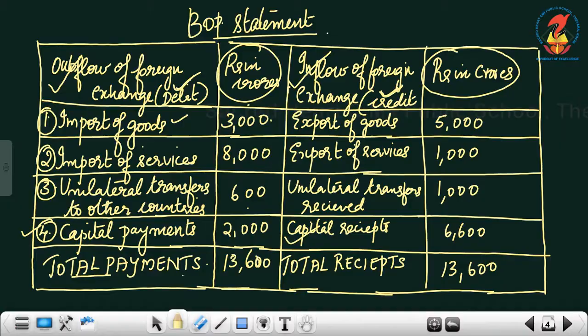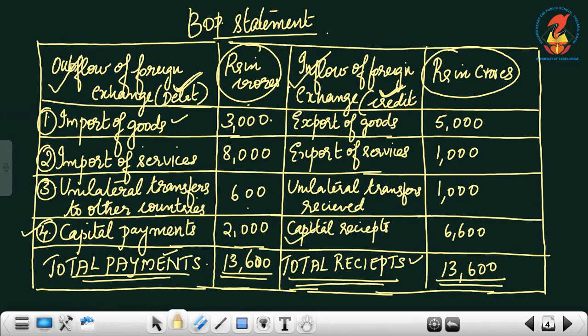Finally, you can see the total payment and the total receipt. Debit side is the payment side and credit side is the receipt side. You can find total payment as 13,600 and total receipt also as 13,600.